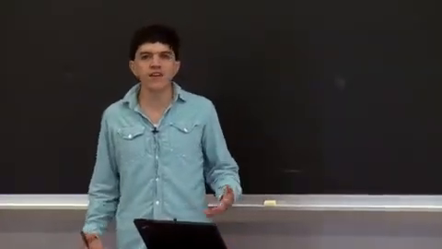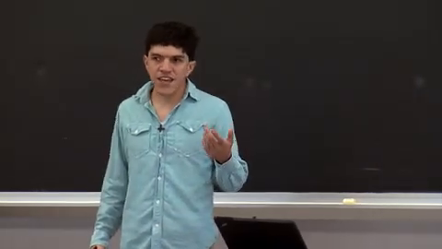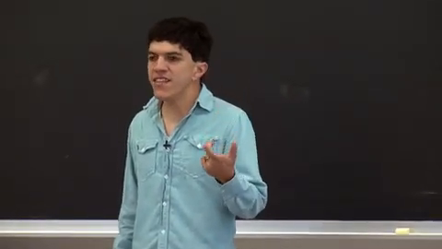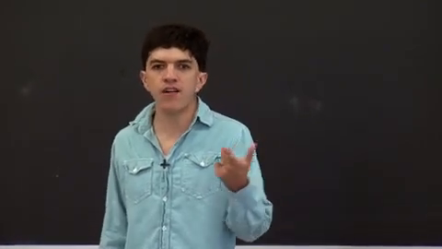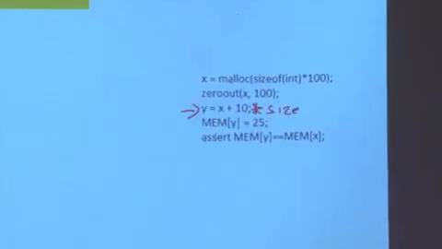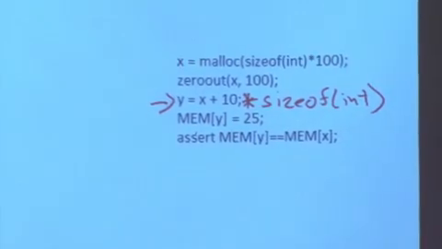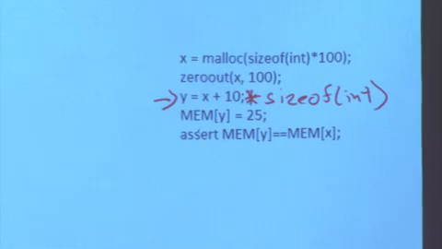In practice, there's a little bit of desugaring that has to happen, because in C, pointer arithmetic knows about the types of the pointers, and things are incremented proportional to the size. So this would actually be x plus 10 times the size of int. But what's really important is what happens when you're reading and writing from memory.